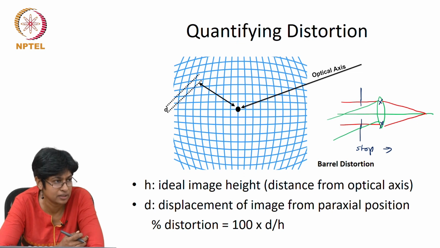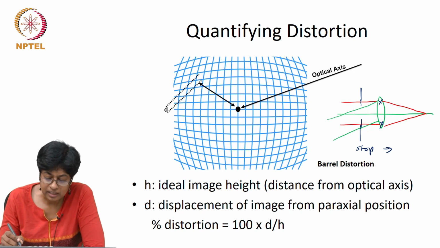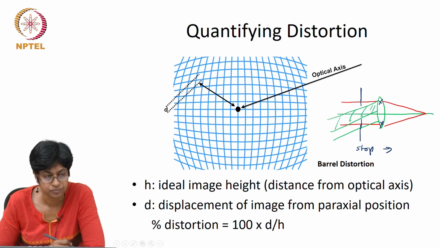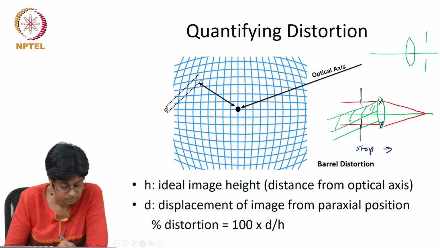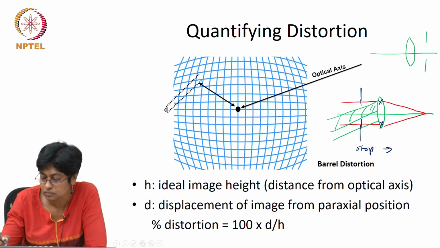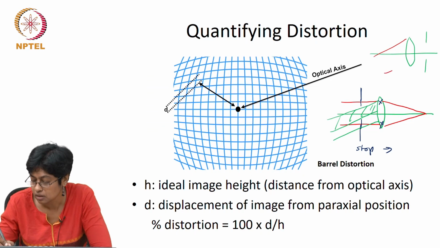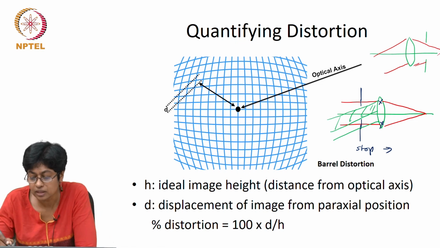Yes, it will be affected by the location of the stop. In this example itself, you can see that if I had the aperture here, the ray that goes through is this. This is what goes through. But let's say I took the same system and I put the stop here. Which set of rays are going through?